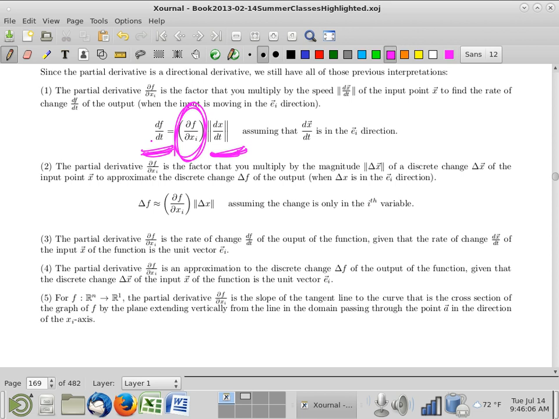Now, in the example that I just showed you, I walked you through observing the question as a plain directional derivative, and then in some sense re-derived this result. But you could just go straight from interpretation 1 here. It's the same answer. All right.